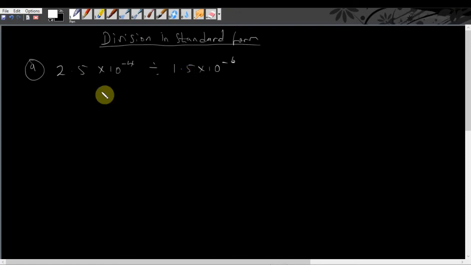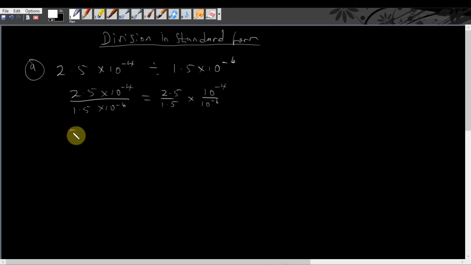First of all, express it this way: 2.5 times 10 to the power minus 4 all divided by 1.5 times 10 to the power minus 6. This is the same thing as 2.5 over 1.5 multiplied by 10 to the power minus 4 all over 10 to the power minus 6.